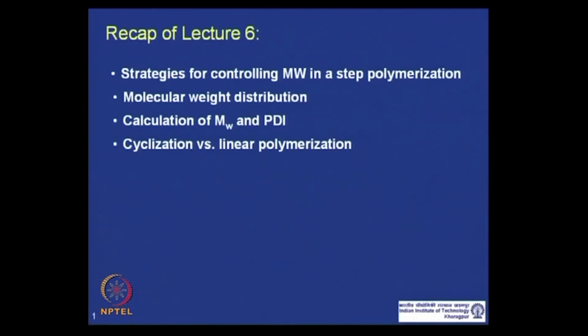In the last lecture, we had studied the mechanism, the strategies by which we can control the molecular weight of a step polymer. There is sometimes a need, as I mentioned in the last lecture, to control or restrict the molecular weight of the polymer you are making, and we discussed two methods.